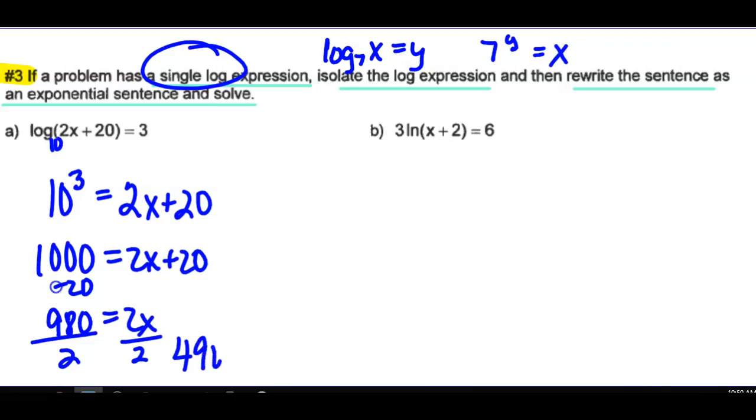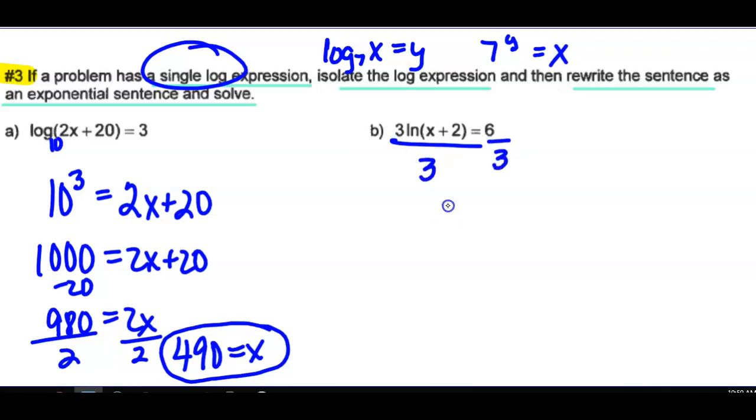And I get 490 equals x. If I want to go back and type log, parenthesis brought up, 2 times 490 plus 20, hit enter, I get 3. The only other thing you have to do on this one is isolate the log first.